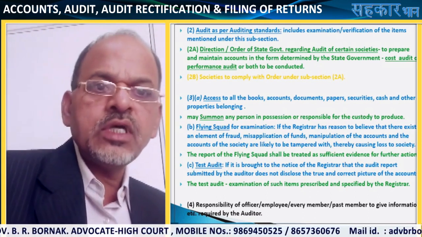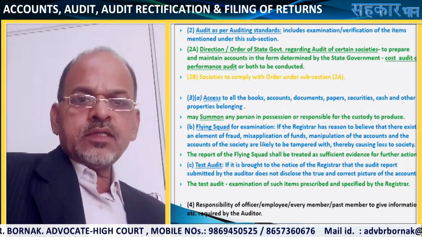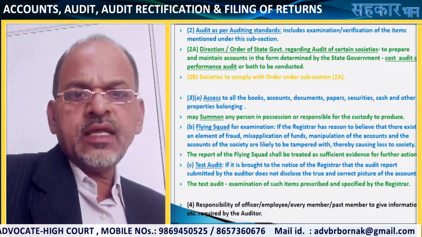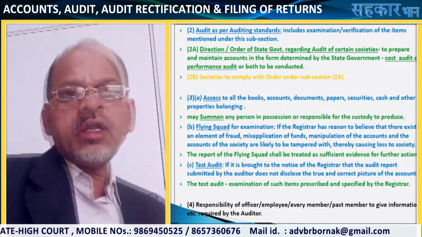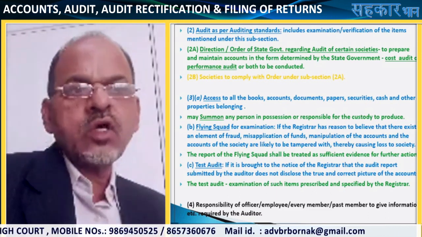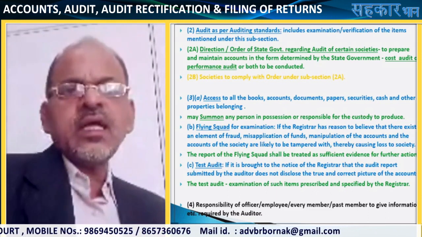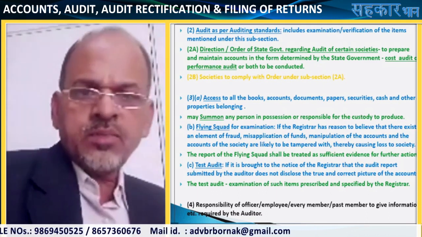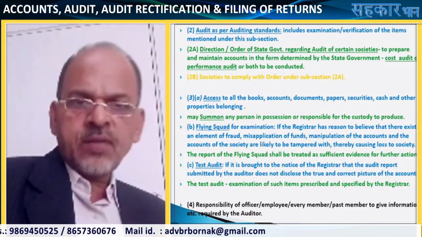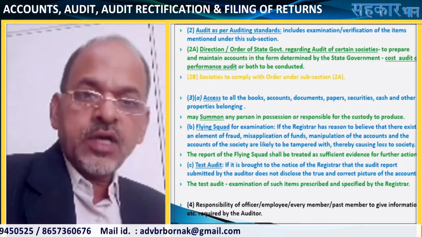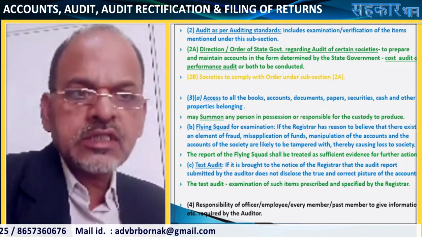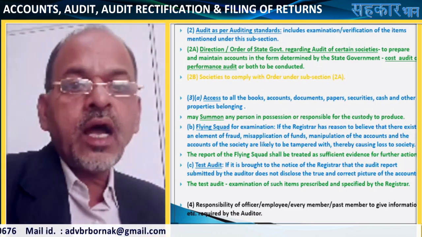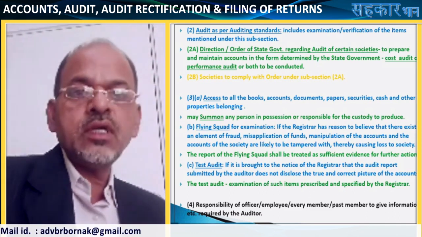If the auditor wants to fetch any information, or believes that any of these books, accounts, documents, papers, securities, cash, etc. are in the possession of a particular person, or that a particular person has knowledge required by him for auditing purposes, then the auditor can summon, meaning call, that person to be present and to provide the information or to supply the books and accounts which are in his custody.